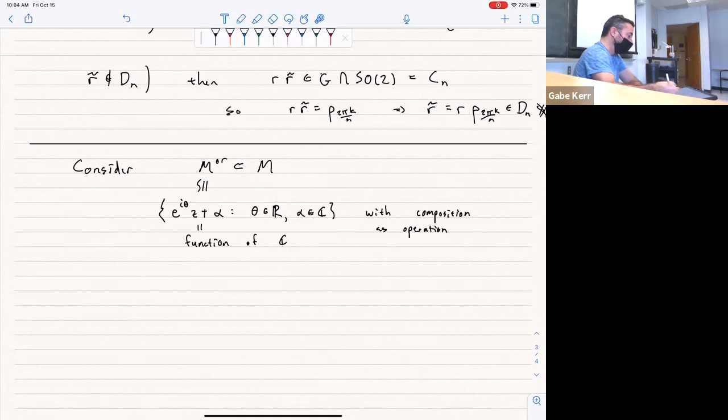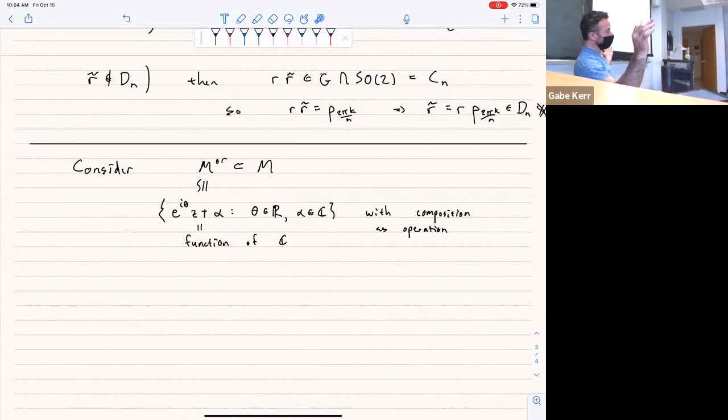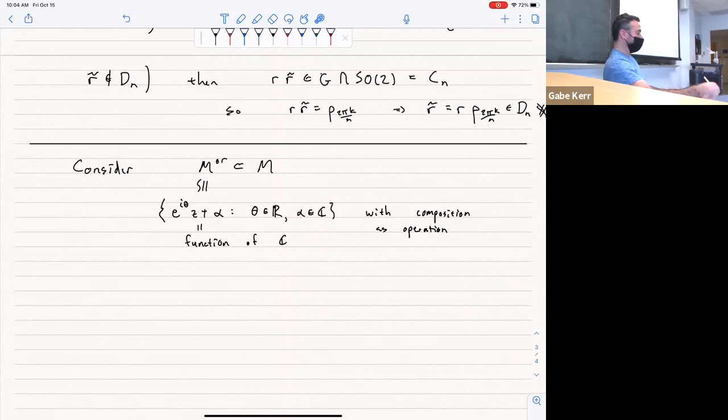The point is that you can isolate your translations and rotations. This part is a rotation by theta, and this adding alpha, where alpha is an element of C, which you can think of as the real plane, will translate your space.